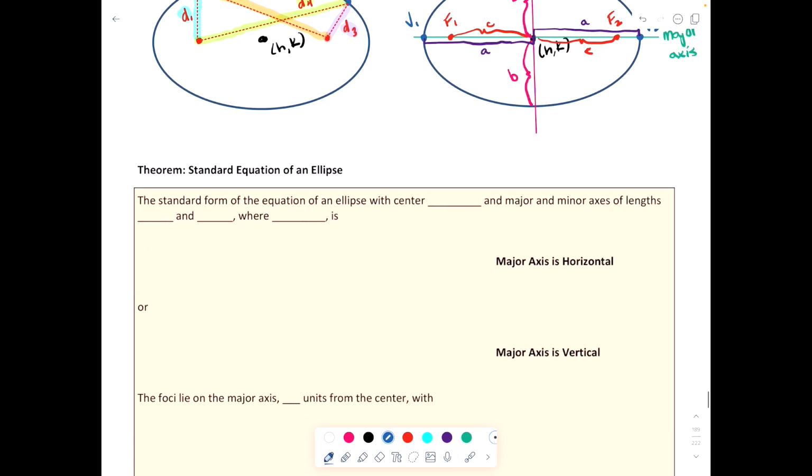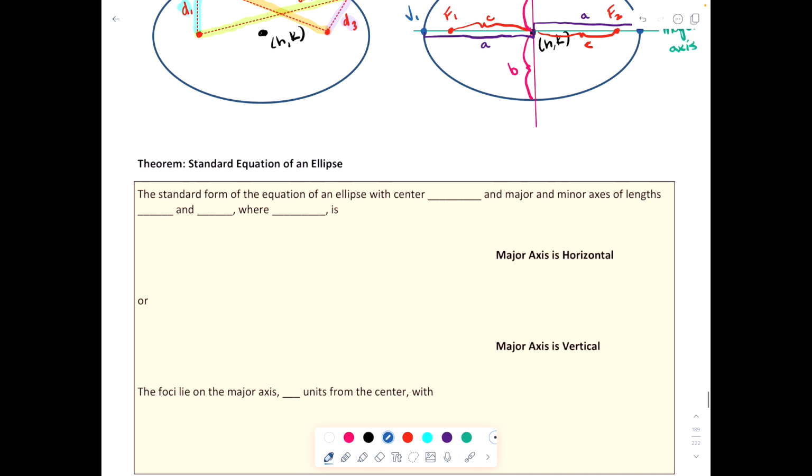Here is the standard form of the equation of an ellipse with center h, k and major and minor axes of lengths a and b, where c squared equals a squared minus b squared, and a is greater than b. That's how you tell the orientation of your ellipse.